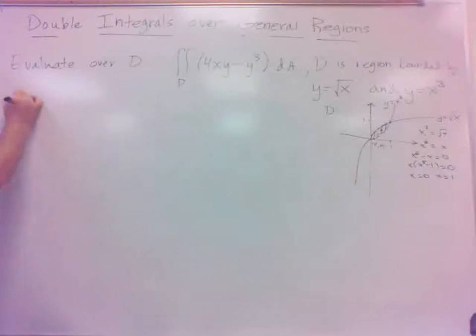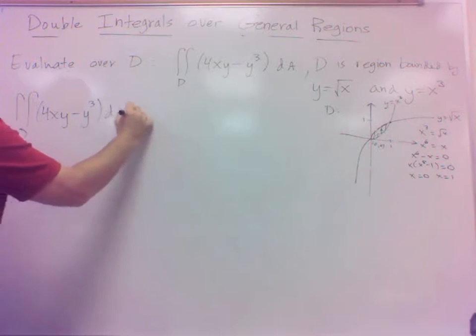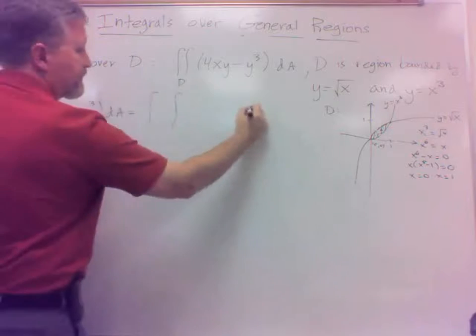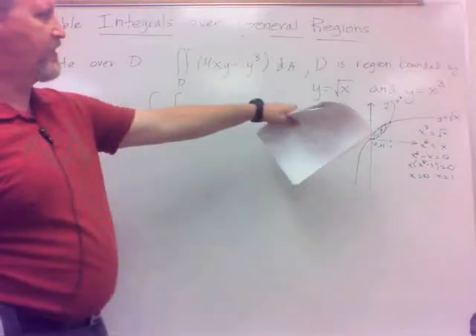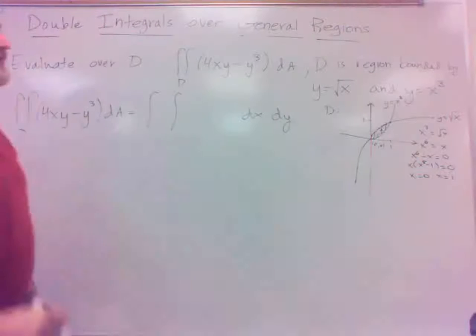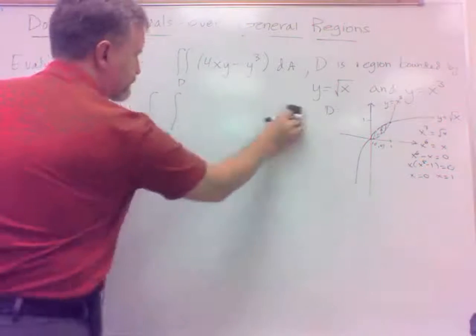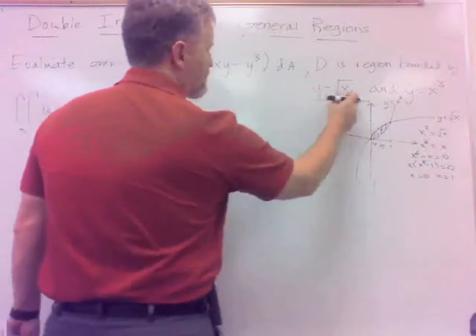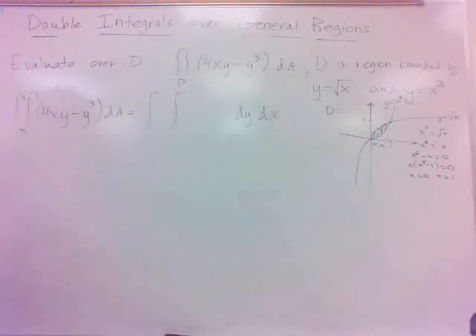So let's evaluate that. Let's do it with respect to x and then y, because of the way they're set up. These are functions of x. Oh, sorry. We've got y as a function of x, so let's do the integral with respect to y first, and then x.